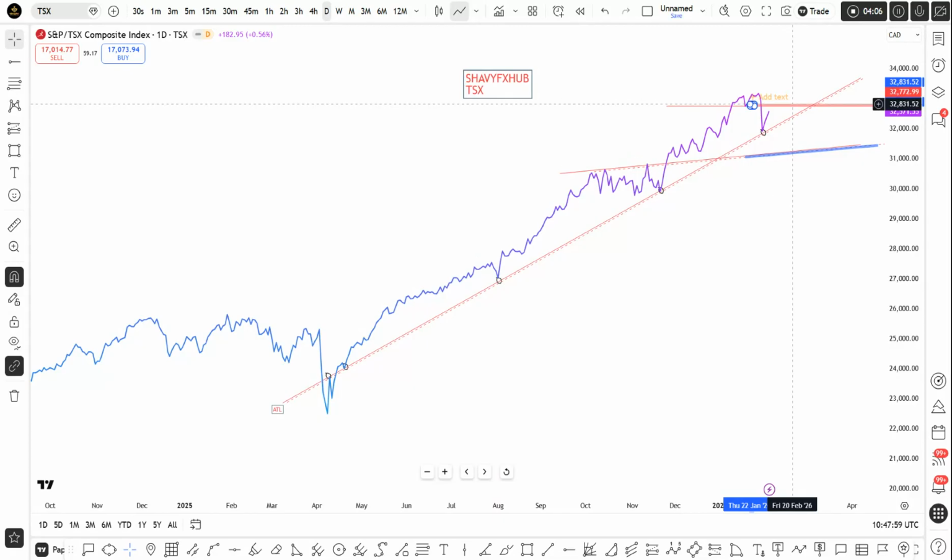So when price pushes into this structure, into 3277.99, look on 15 minutes, start looking for sell structure from that zone. Let me drop that note.